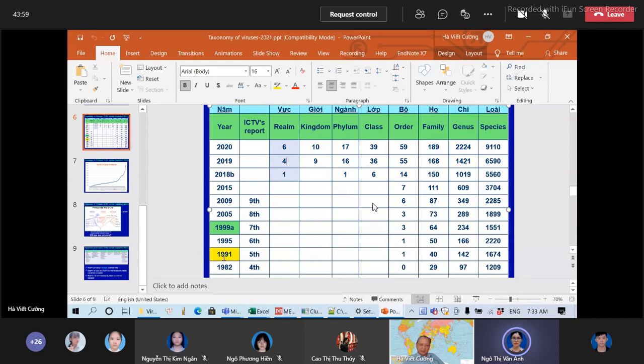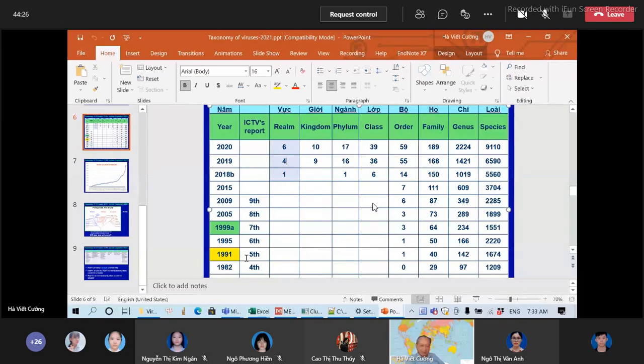And what is important here in the taxonomy of the viruses? Okay, 1991. What happened? Do you remember? The scientists, virologists, had a very strong debate about the life nature of the viruses.